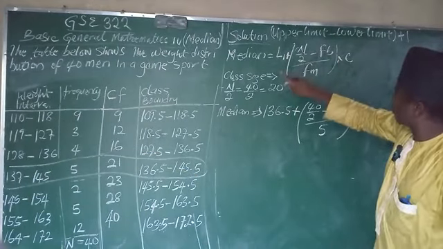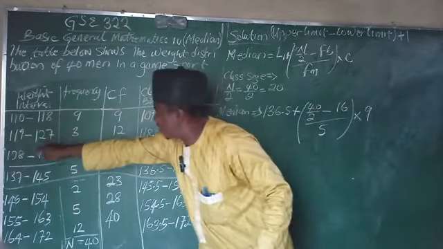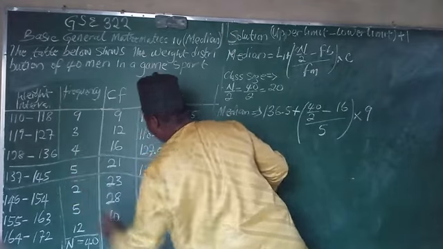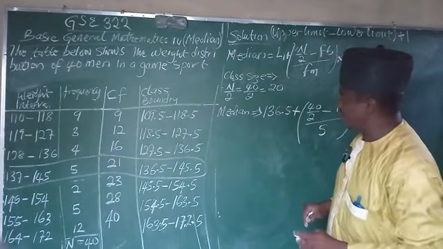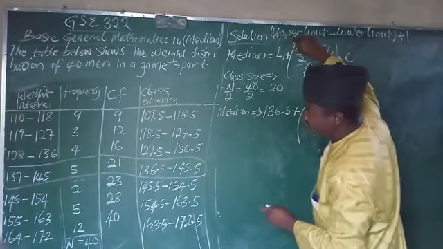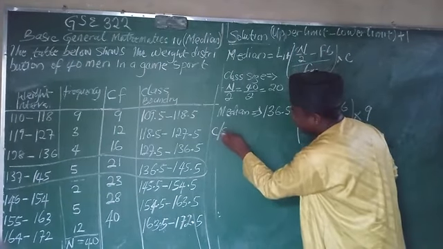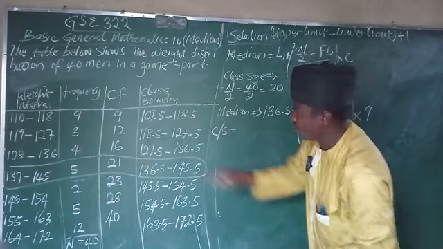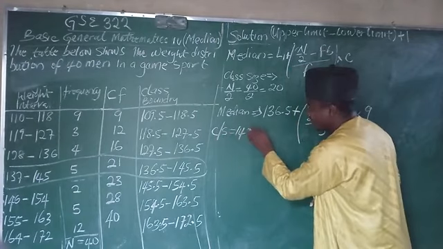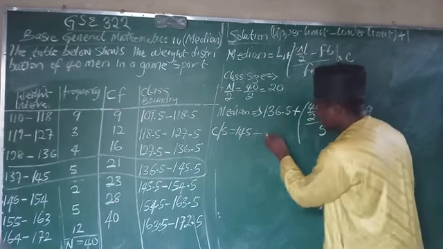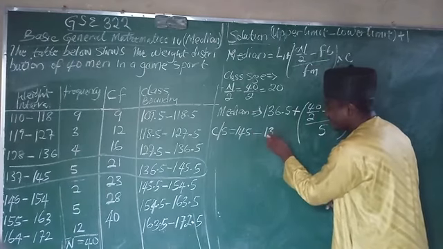So now, you can pick any of the upper limit and the lower limit. Let's make use of the median class. Class size, CS, is equal to the upper limit, 145, minus the lower limit, 137.